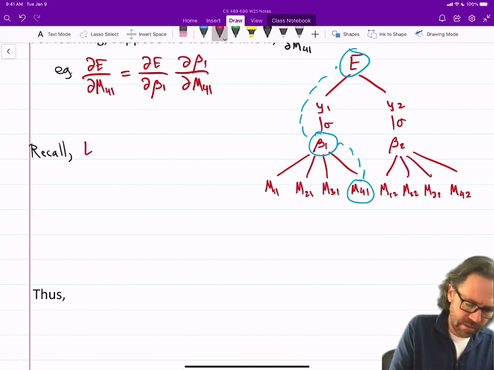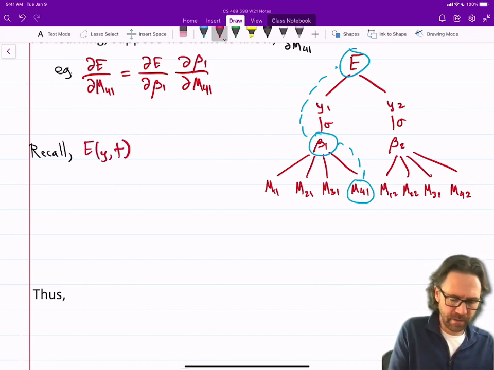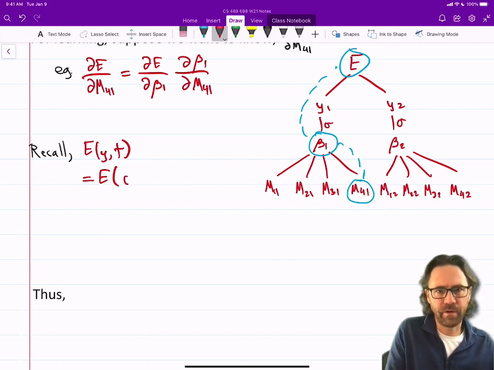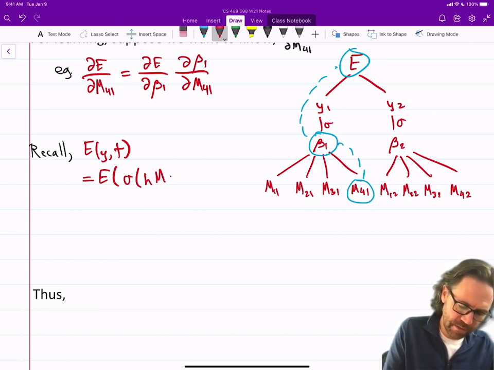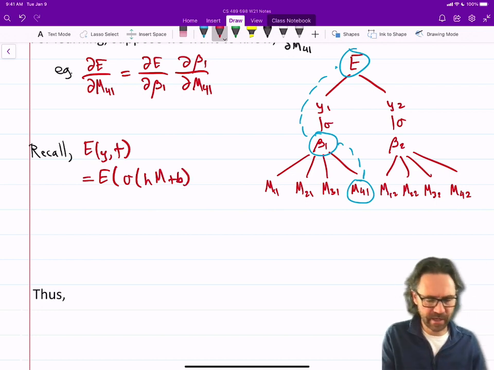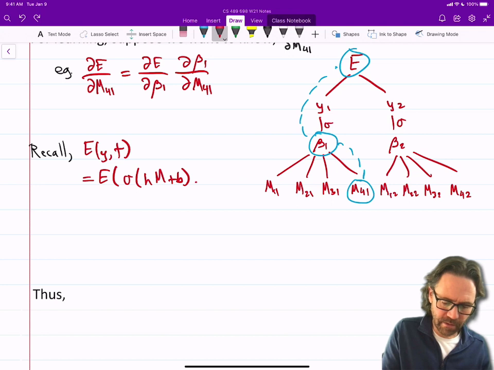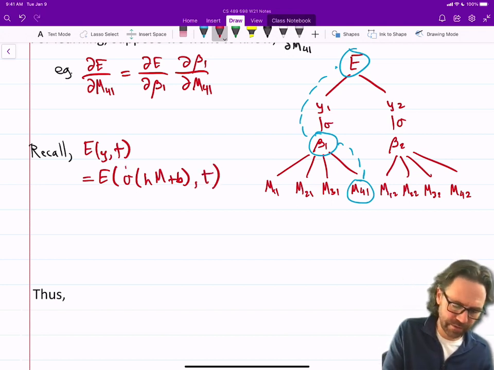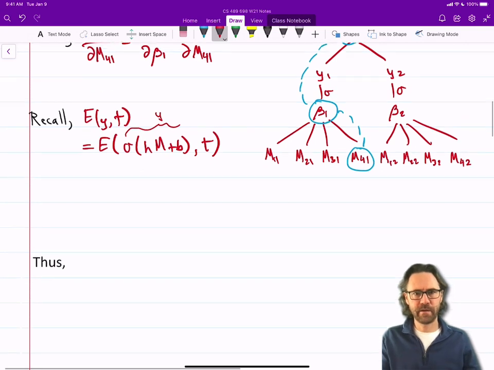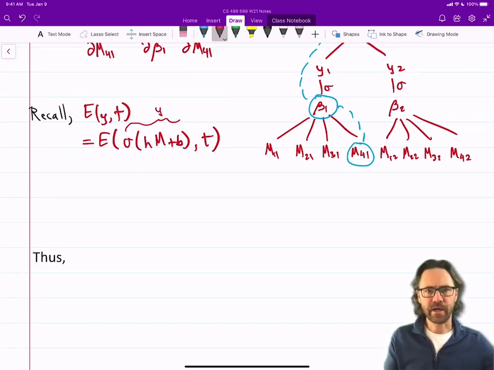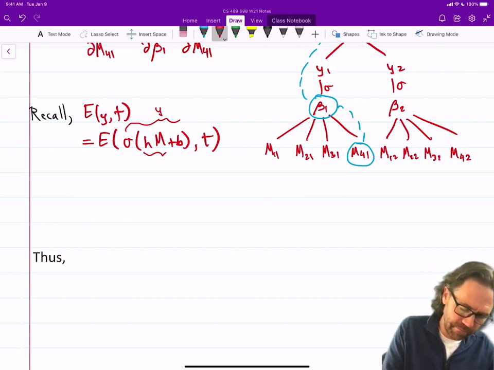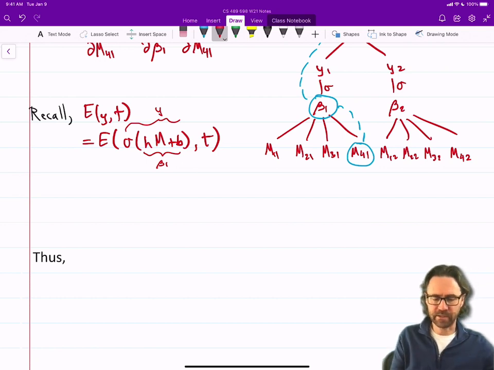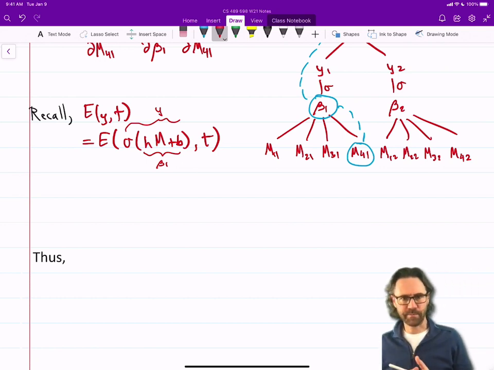Now let's put those 2 pieces together. Recall the error equals, now replacing Y with how we compute it, the hidden layer times the weight matrix plus the bias run through the activation function, and then the target. So this is basically just Y. For ∂E by ∂beta 1, beta 1 is in here, or at least one of those components is beta 1.